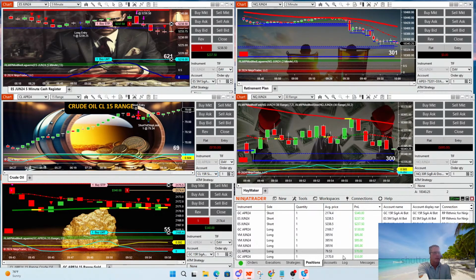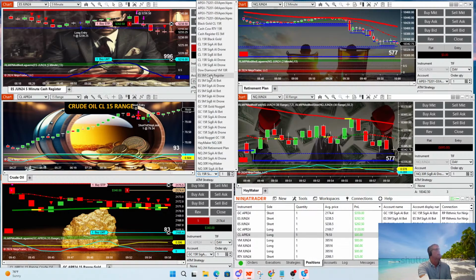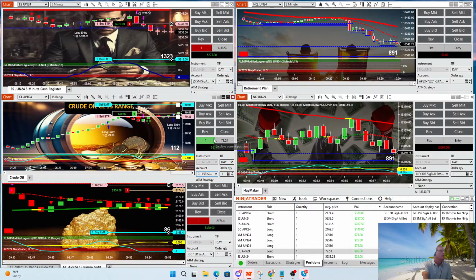Crude oil, 15 range signal B, AI bot. Here it is. Nice trade.